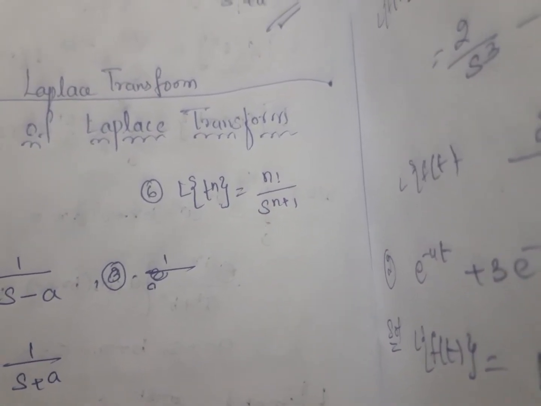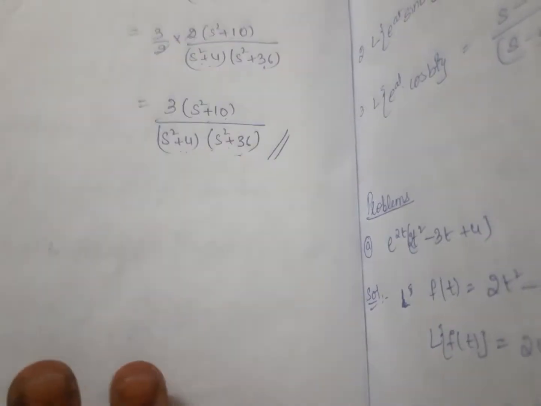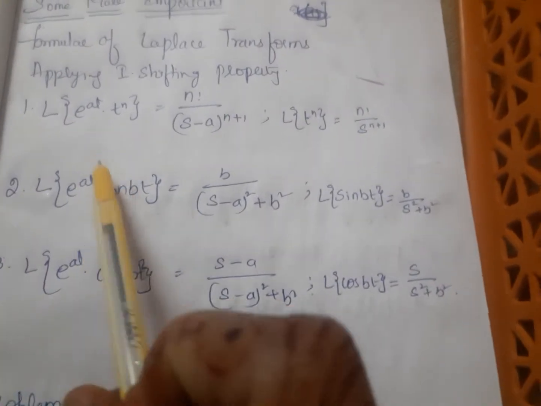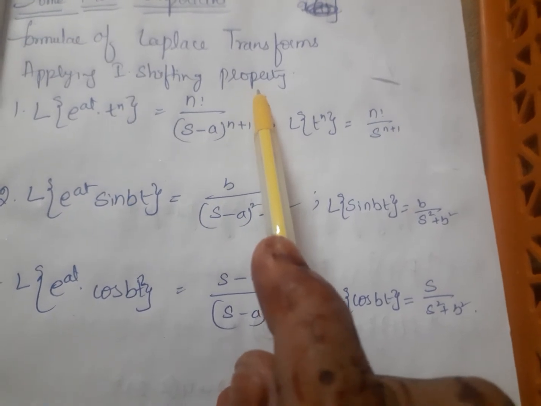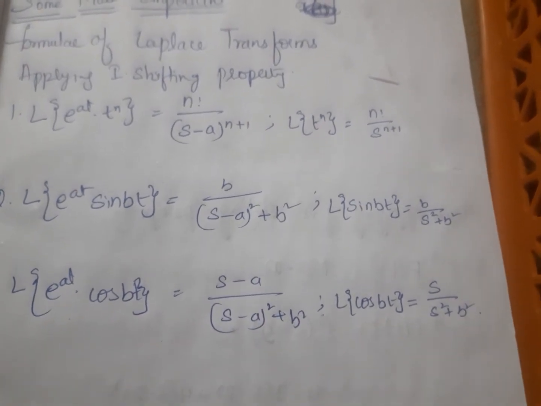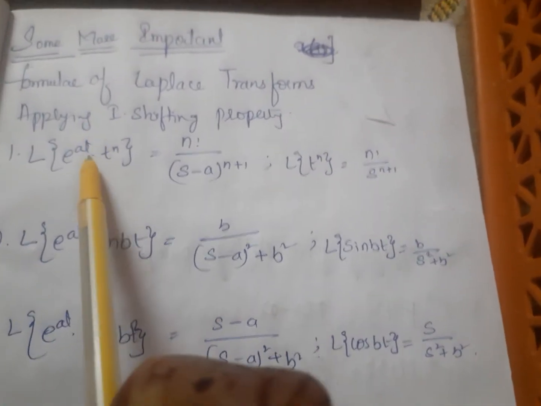Now I am going to explain some advanced formulas of this type, applying the first shifting property. As I have explained the shifting property, go through all the notes once again.